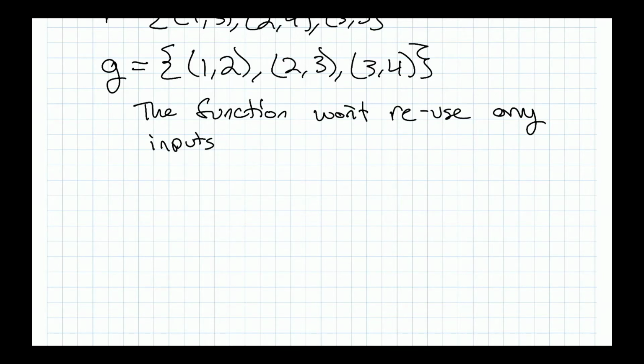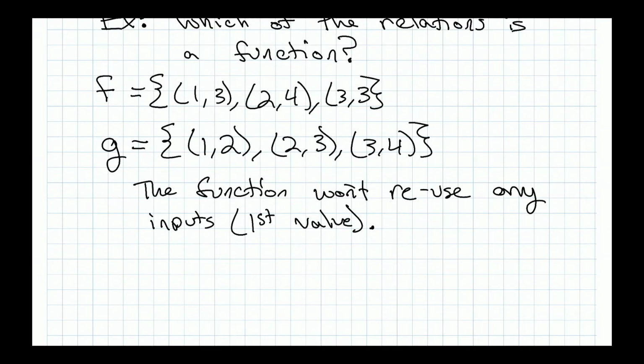And remember, inputs means the first value in the pair. All right, so you just look at the list here. So a function won't reuse any inputs, first values. So I look at the inputs of the first one, and they are 1, 2, and 3, right? 1, 2, 3. That's fine. So it's a function.